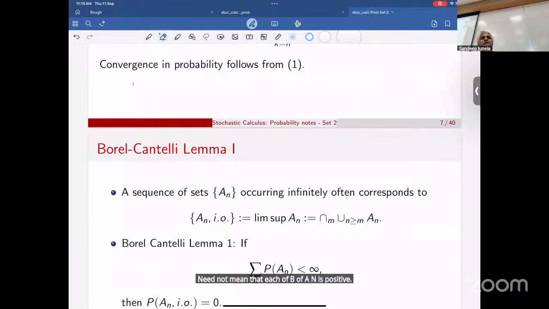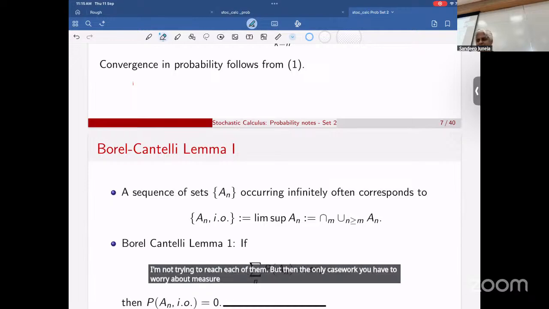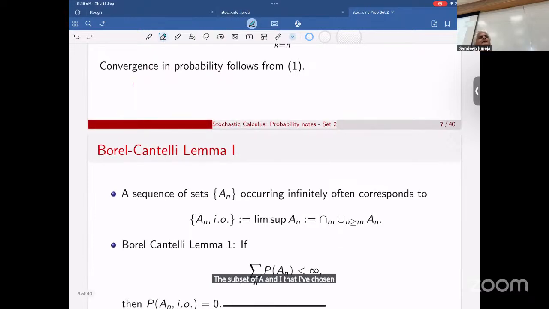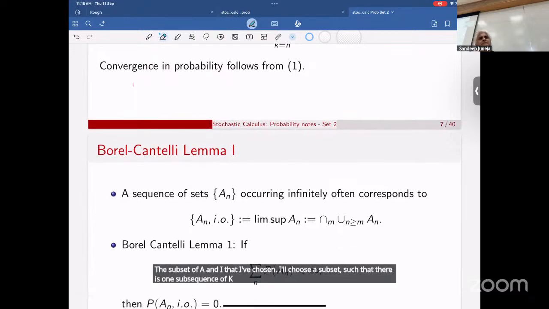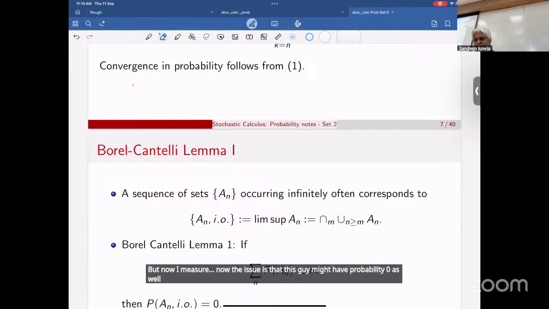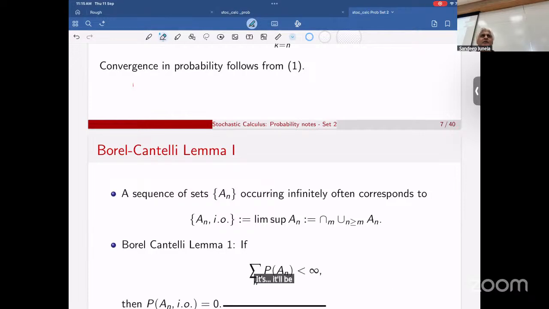Just that there's a subsequence. Then the only issue is worrying about the measure being positive. I'll choose a subset such that there is one subsequence of A_n that has positive probability, but now this might have probability 0 as well. It'll be complicated to make that argument work.